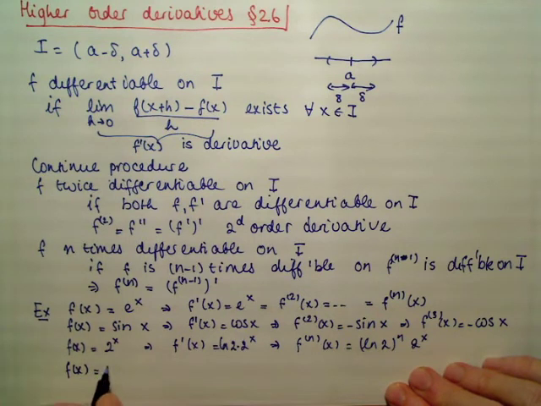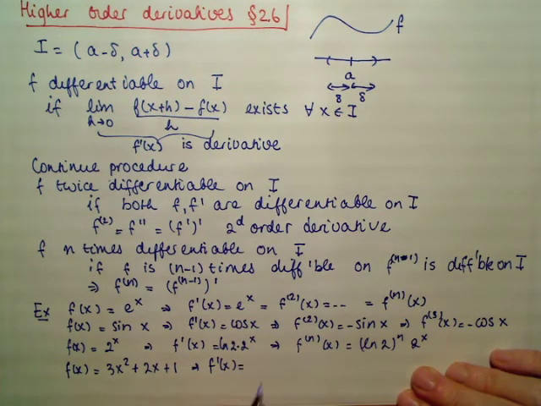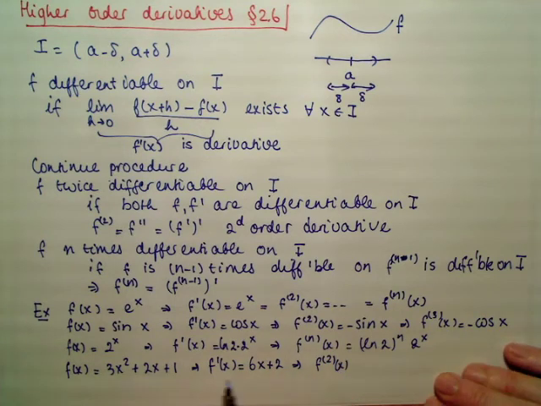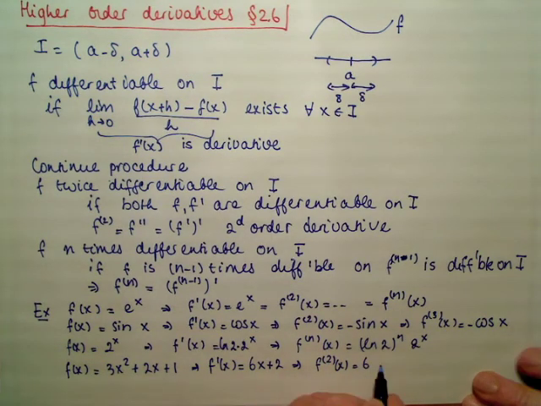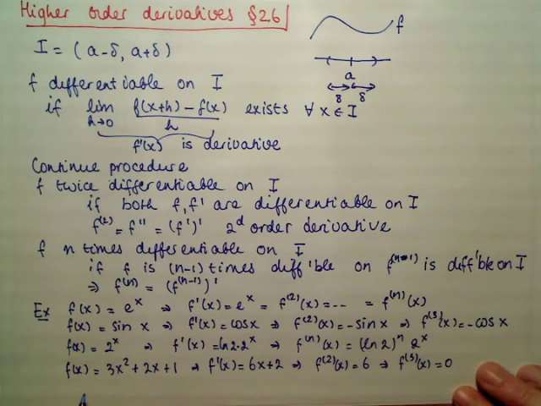Now the last example is the one of a polynomial. So for instance 3x squared plus 2x plus 1. And we get that the derivative is equal to 6x plus 2. The second order derivative is equal to 6. And then the third order derivative, well, you get nothing, it is 0. And this is of course typical for all polynomials.